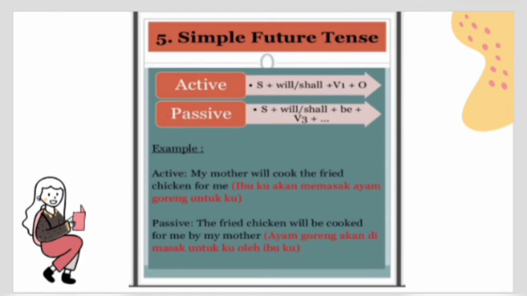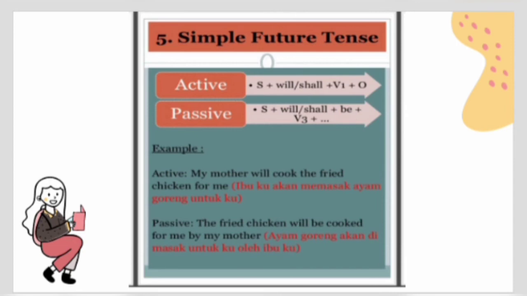And the last is simple future tense. The formula for simple future tense for active sentence: subject plus will or shall plus verb 1 plus object.